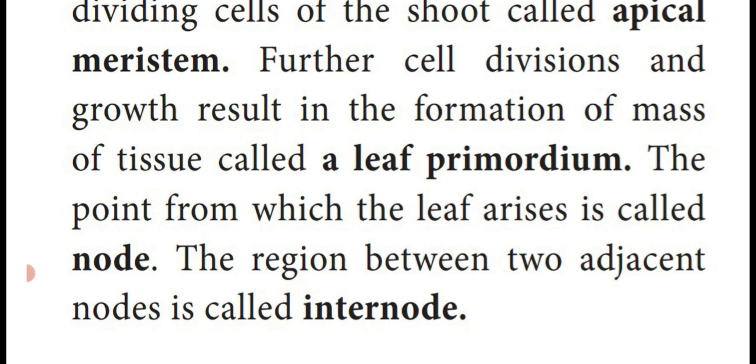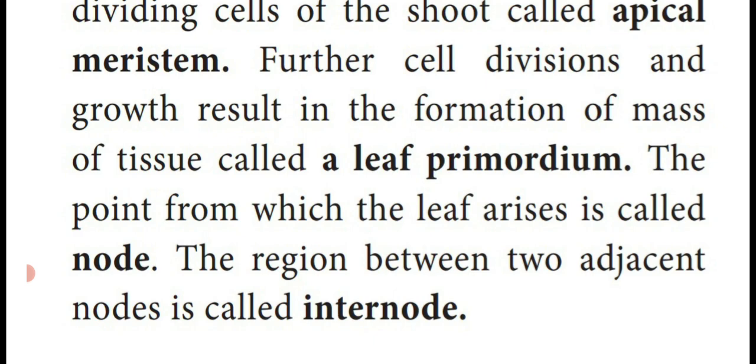The leaves which arise from the shoot or stem, that region is known as nodal region. Stem contains many nodes. The gap or distance between two nodes is known as internodal region. So the region between two adjacent, successive nodes is known as internodal region.